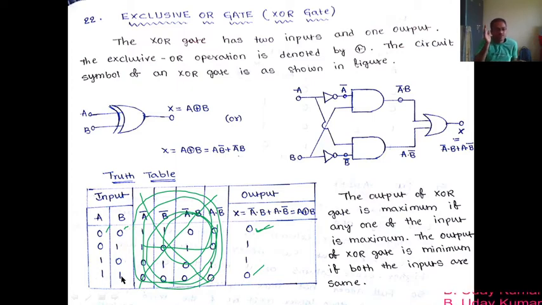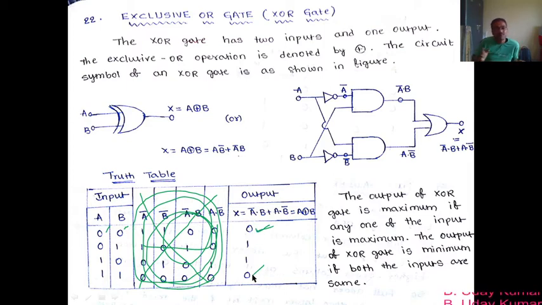So that means this is one definition, we can write it by using this. You can say that the exclusive OR gate is the gate whose output is minimum, means 0, when both the inputs are the same. This is one definition you can say. That means when both the inputs are zeros, we are getting 0. When both the inputs are ones, we are again getting 0.